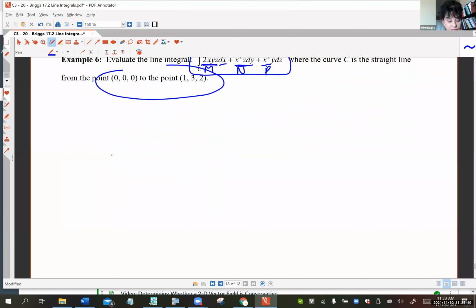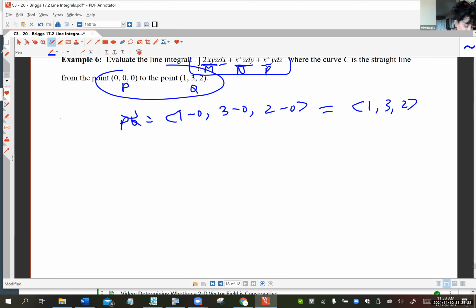When you're given 2 points, if this is point P and this is point Q, go get the direction vector PQ, which is easy here: terminal minus initial.